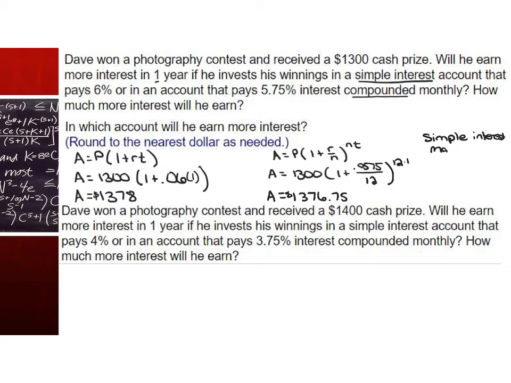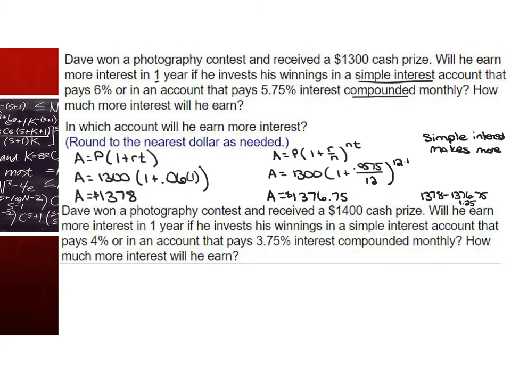You choose the box that says simple interest makes more. Then you have to say by how much money. We take that 1,378 minus 1,376.75, which is $1.25 different.